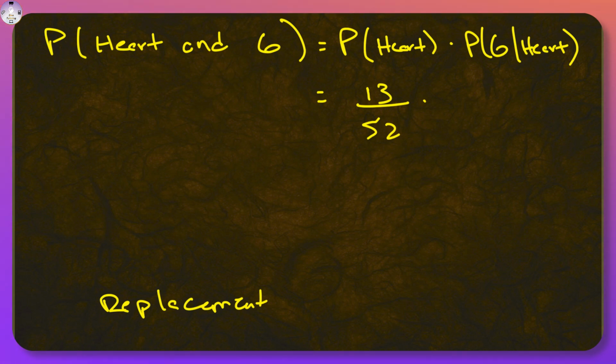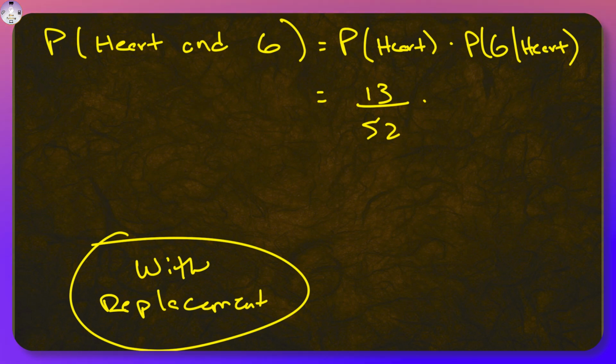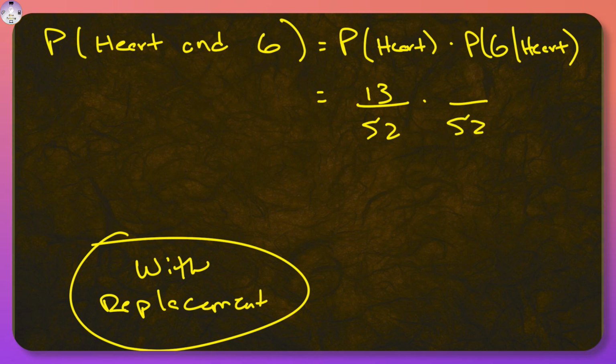Remember, this is with replacement. So we're putting that card back in the deck, and we're drawing. If we're putting the card back in the deck, we've now got 52 cards. And how many 6s are in the deck? There's 4. All right.